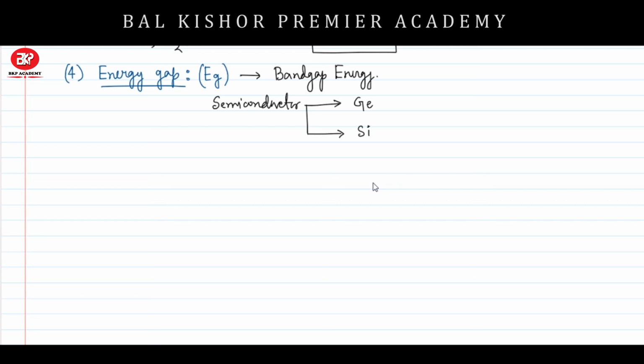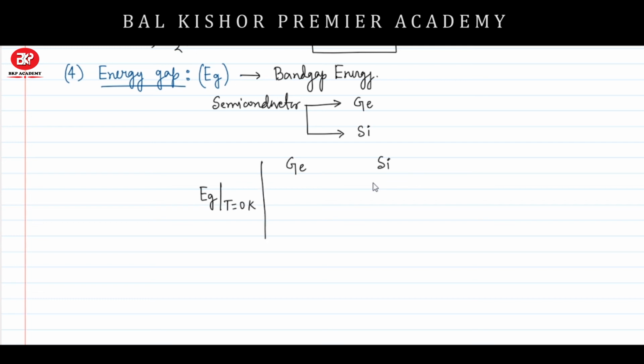So if I see the value of germanium and silicon bandgap energy, it will look like this: germanium and silicon have bandgap energy Eg at T equals 0 Kelvin.